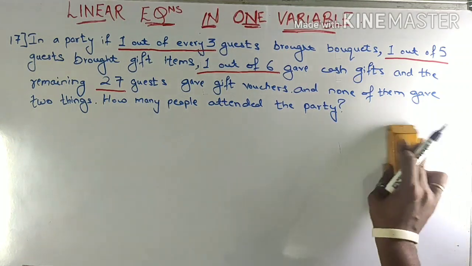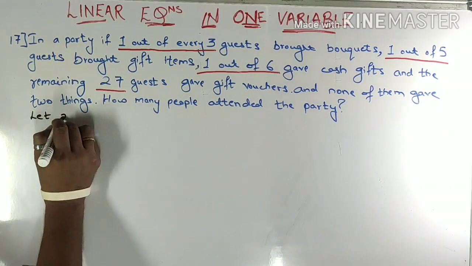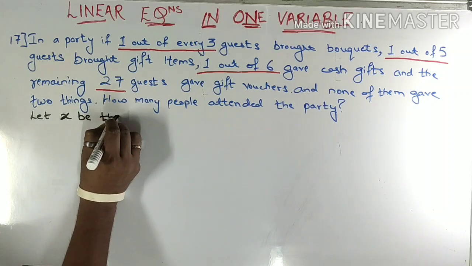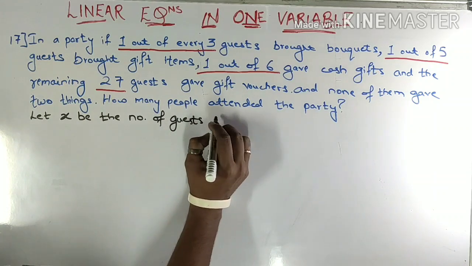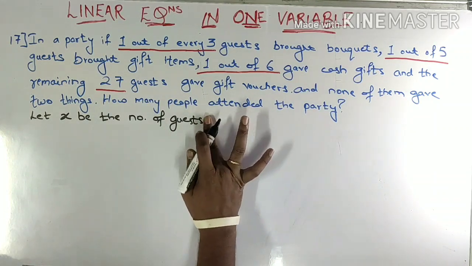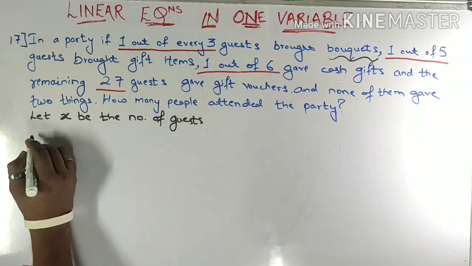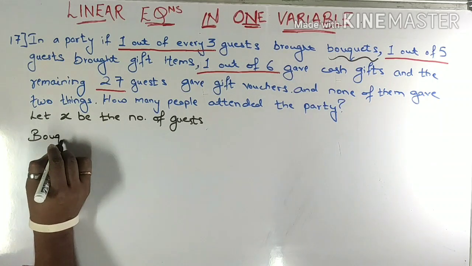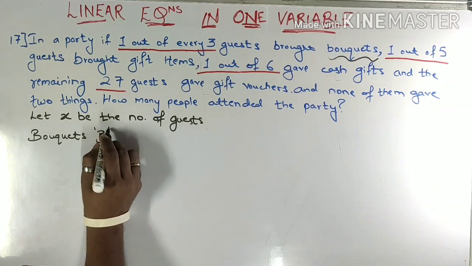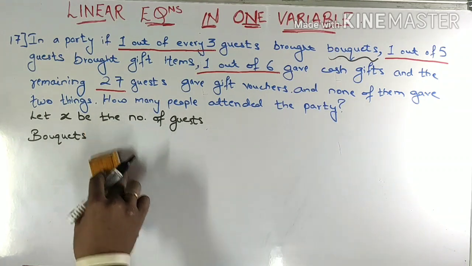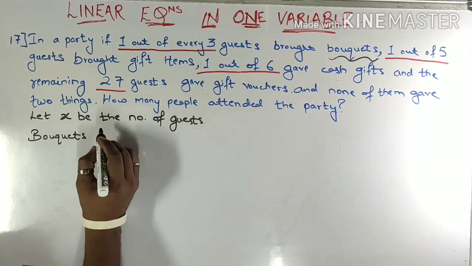So if x is my number of guests that have attended the party, let x be the number of guests that attended the party. Therefore, the number of guests that brought bouquets. We don't need to denote it by B because we have a variable x, let's not make it more confusing.